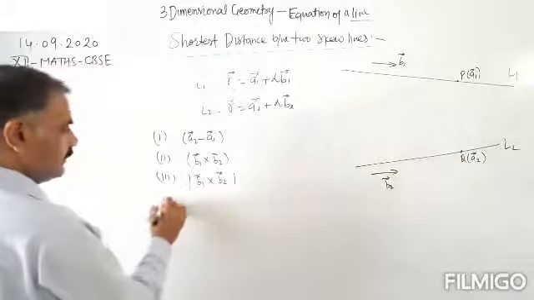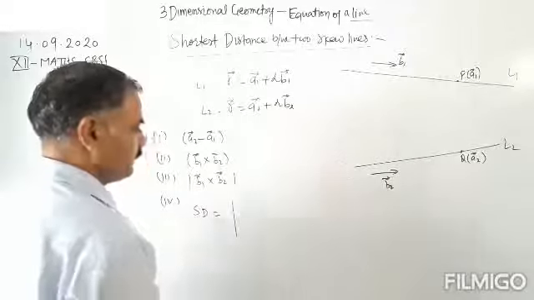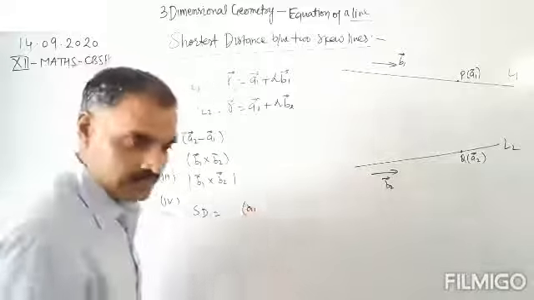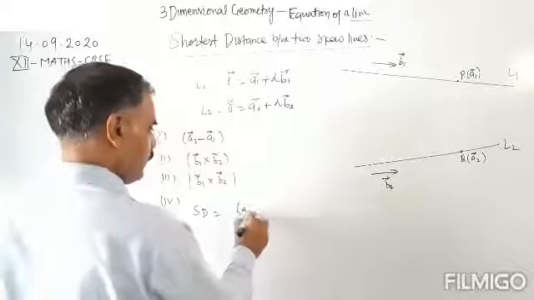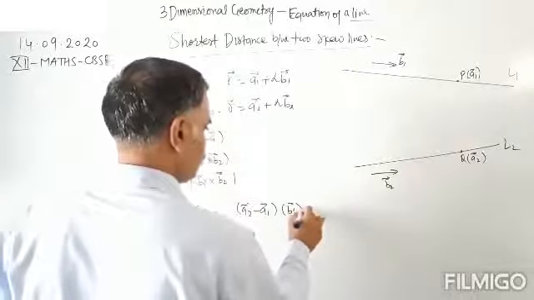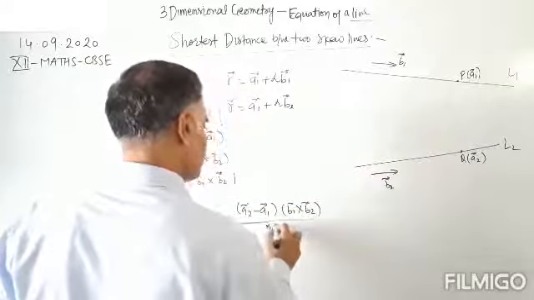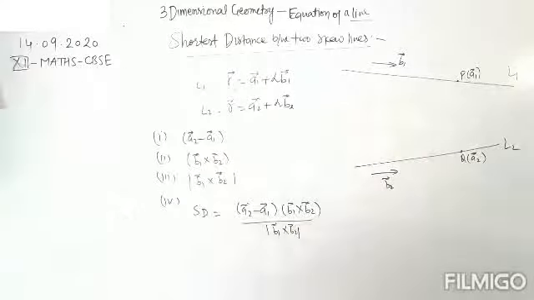And lastly, the shortest distance is equal to a2 vector minus a1 vector dot b1 vector cross b2 vector divided by the magnitude of b1 vector cross b2 vector.